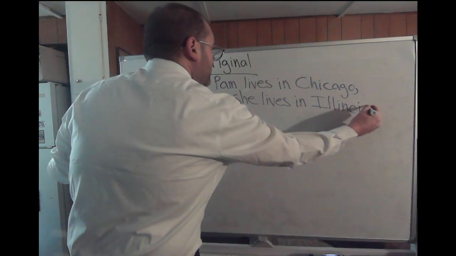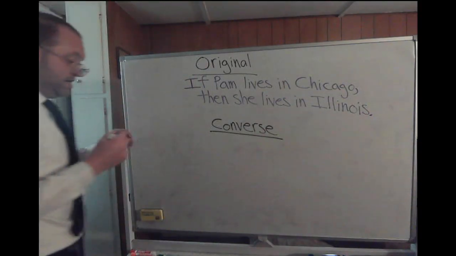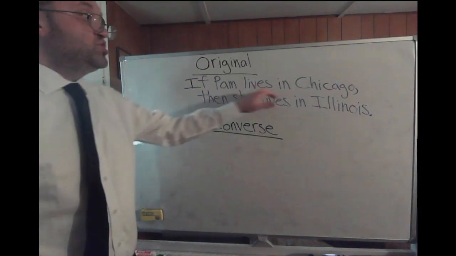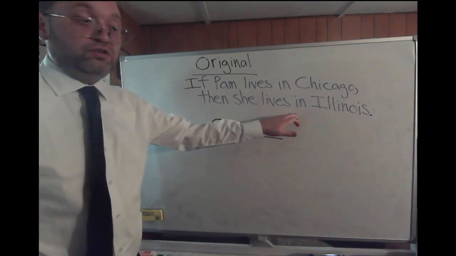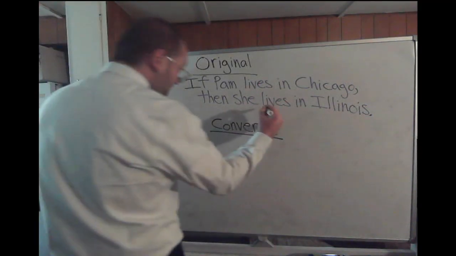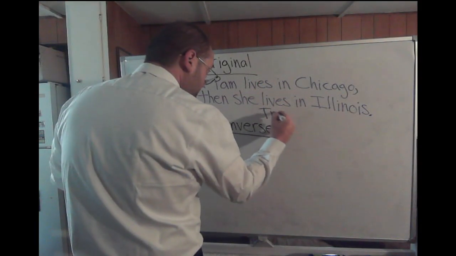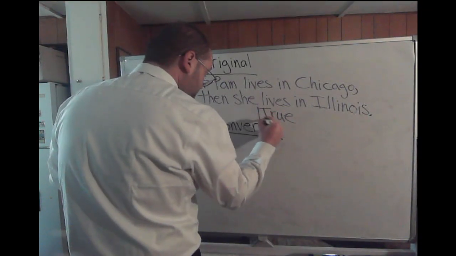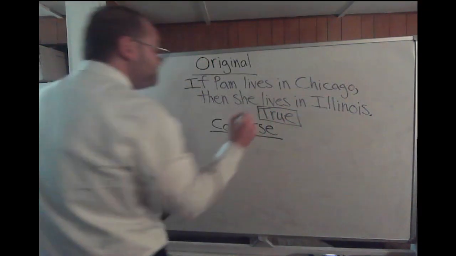So this original statement is going to be, if Pam lives in Chicago, then she lives in Illinois. Well, that's true. Chicago's in Illinois, so this is absolutely a true statement. She lives in Chicago. She does, in fact, live in Illinois.